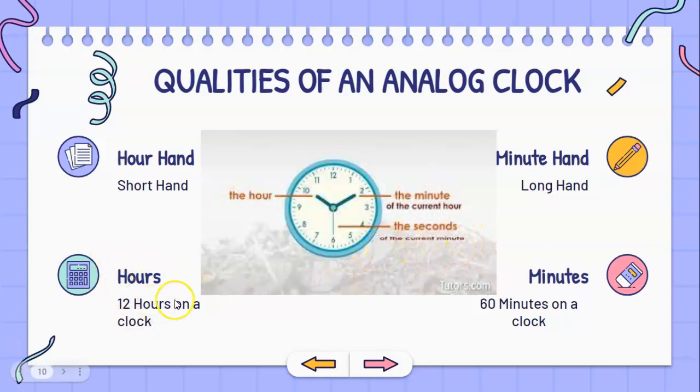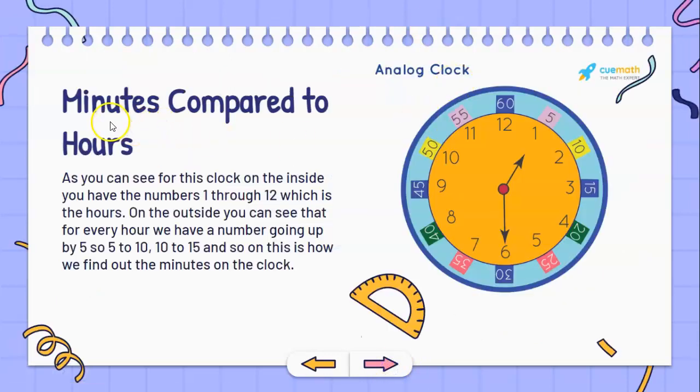So for clocks, we have 12 hours on the clock, so you have 1 through 12. And you're going to have 60 minutes, where each of these little marks is a minute. As you can see, on the inside of this clock, we have our hours, while on the outside of this clock, we have our minutes.